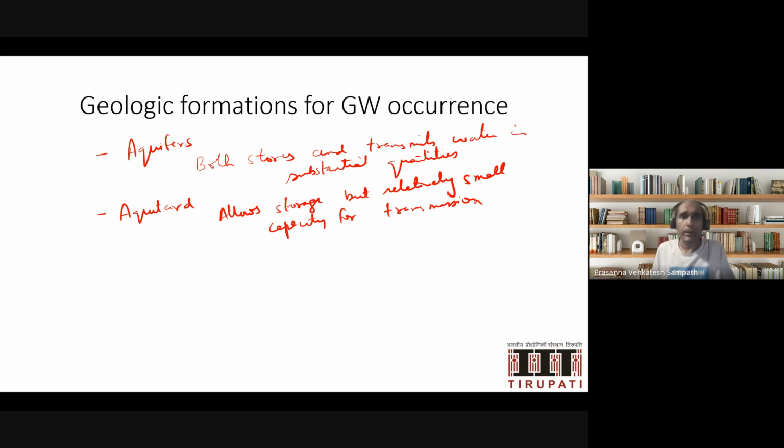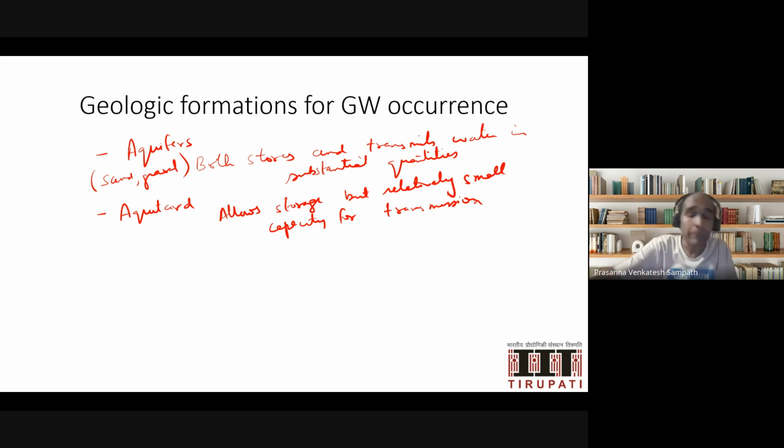Okay, before I forget, for the aquifer, the general example is sand, gravel. Those kinds of materials are considered to be aquifer material. Okay. Then aquitard, as I was saying, is similar to the aquifer.